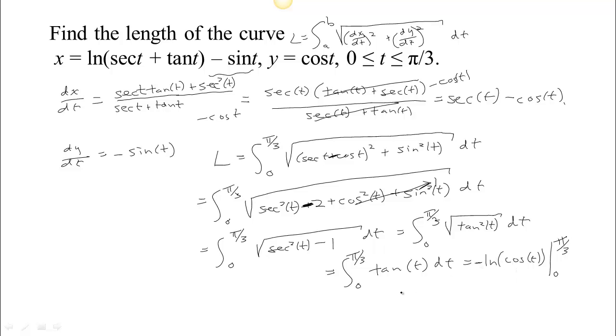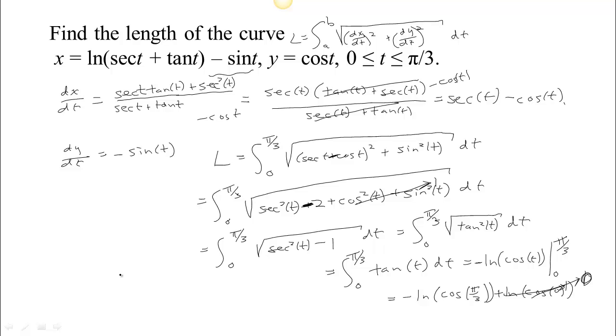Makes it positive tangent. So we get negative natural log of the cosine of pi thirds, minus minus would be plus the natural log of the cosine of 0. Let's see, the cosine of 0 is 1, and the natural log of 1 is 0.